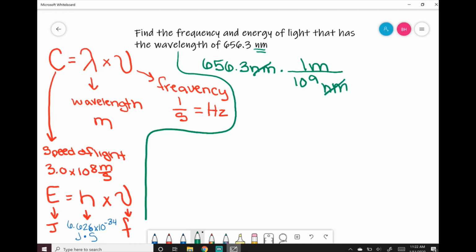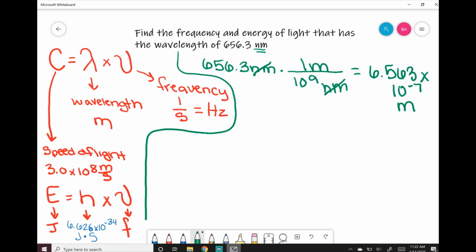Crossing out your units, you're going to set this equal to 6.563 times 10 to the negative 7th meters. So that's going to be my wavelength that I'm going to be using in these equations.